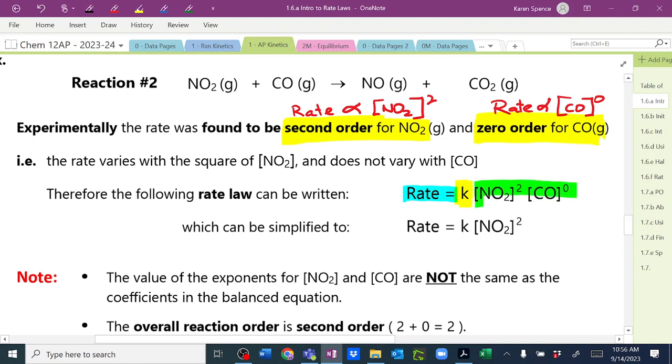And of course, anything raised to the 0 is just 1, so you can simplify this down to rate equals K NO2 squared. Okay. Overall reaction order is 2.